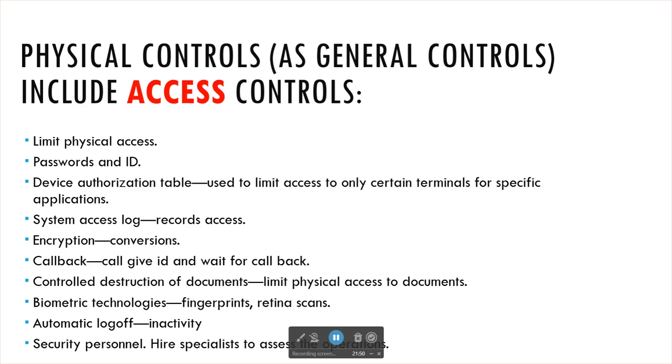Limit the physical access to documents. Oh, biometric technologies. This is interesting because they're using biometric technologies now for access to your plant, your job. We used to use ID cards, and the ID cards were inserted and had chips or some other device, magnetic strips that were read, or we had them on our badge, and you would come to the door and it would scan that, and that's the way it would also keep track, by the way, of the hours you worked.